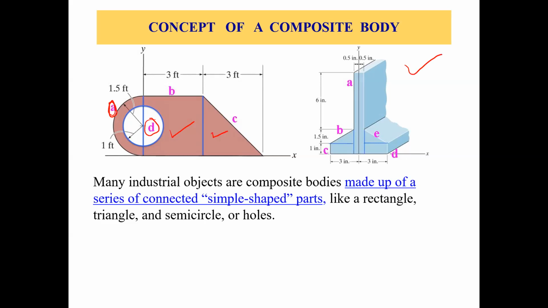So let's talk about this one, A. This is a rectangle, let's call it A. Then you can also have this triangle as E, this rectangle as D, this rectangle as C, and this triangle as B. So we can divide this whole composite body into different shapes, and we know the x, y, and z coordinates of the centroid or center of gravity of these simple shapes, right?